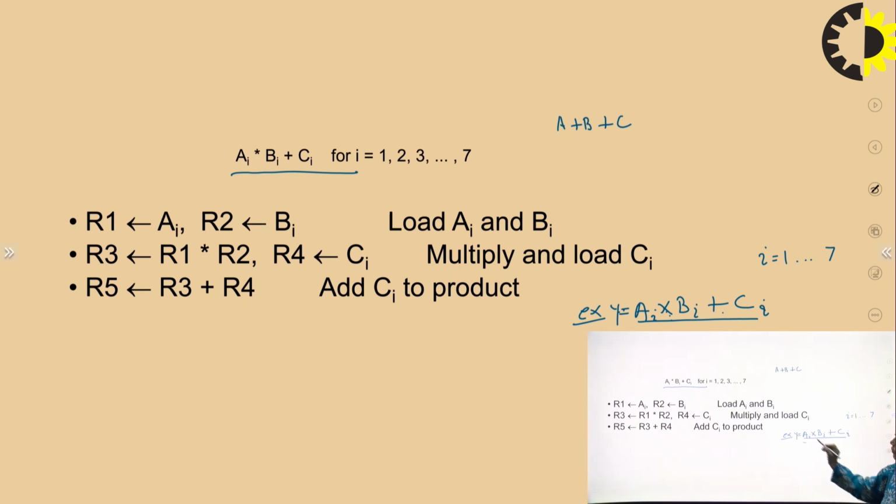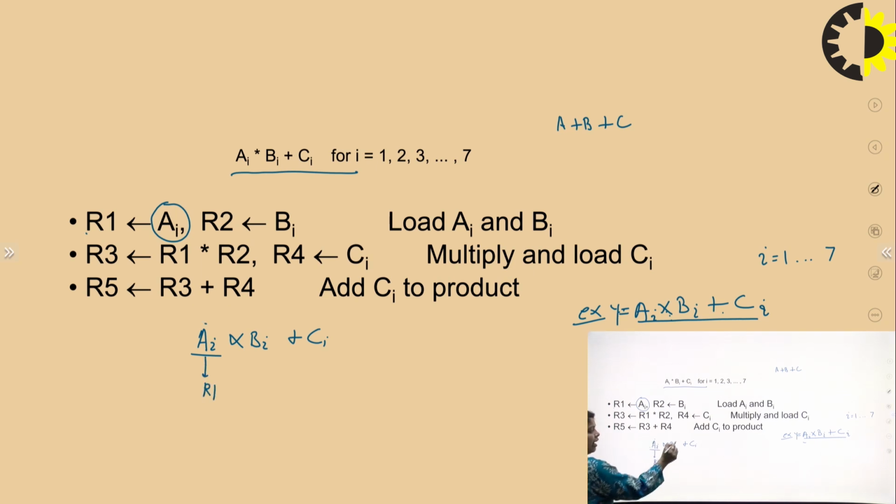Why? Because our instruction is AI into BI plus CI. In the first stage, AI goes to R1 and BI goes to R2. You can take any register, R1 to R7. We cannot apply the operation directly on the operands, so we have to store them in registers.